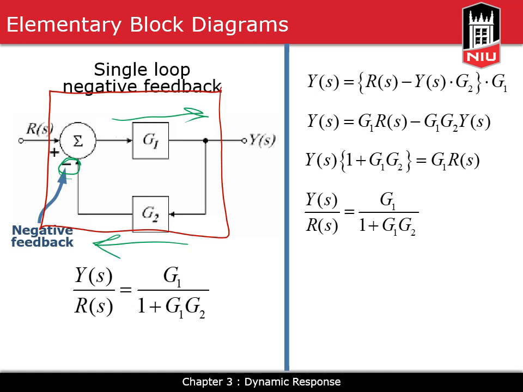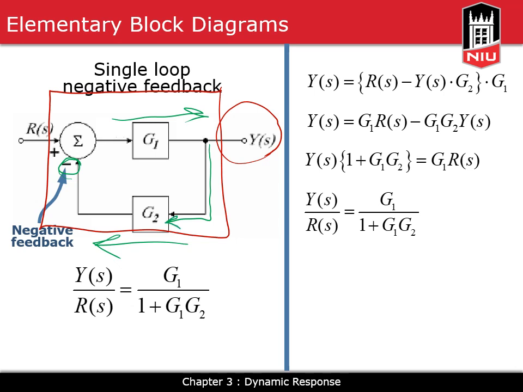So in order to do this, let us find Y of s first. Y of s, the output over here, is the output of the block G1, right? So to find the output of that block G1, we just need to multiply its input by G1. But what is the input to G1? We were just talking about that summation point. The summation point is creating R minus the output of G2. So now we have to go down and see what is the output of G2. G2 is taking Y as an input.